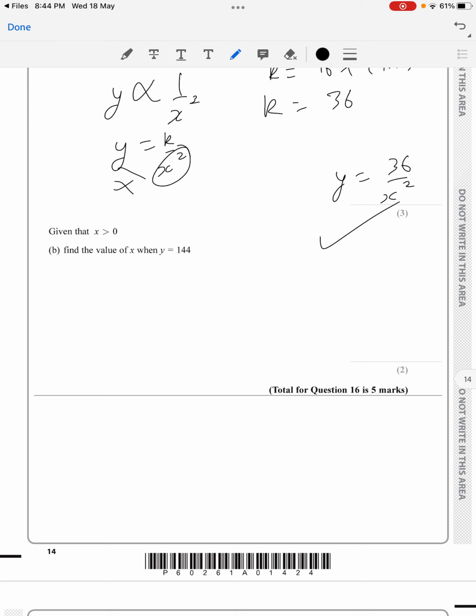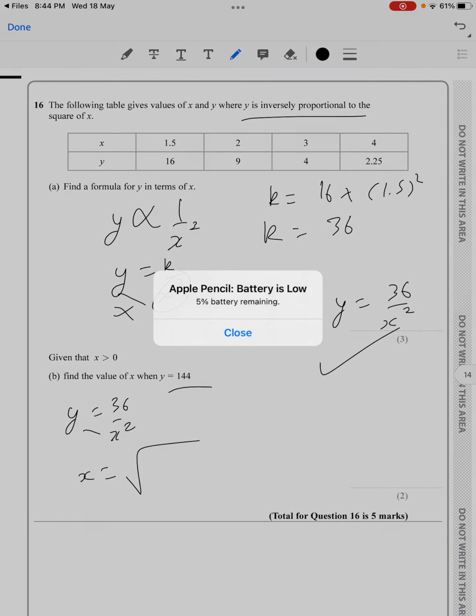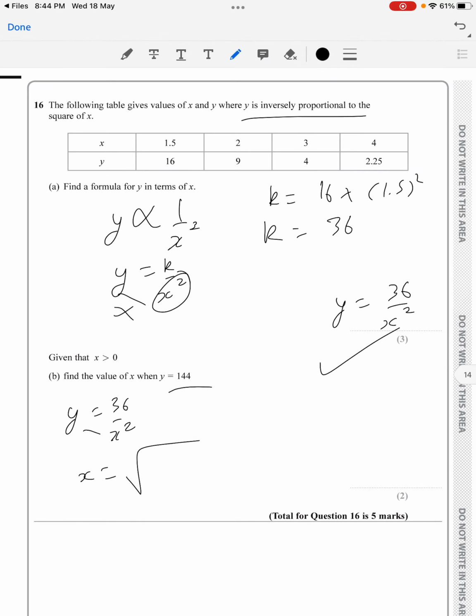Given that x is greater than 0, find the value of x when y is equal to 144. So you're going to use the same equation that you found previously, and you're going to do x is equal to the square root of 36 divided by 144.